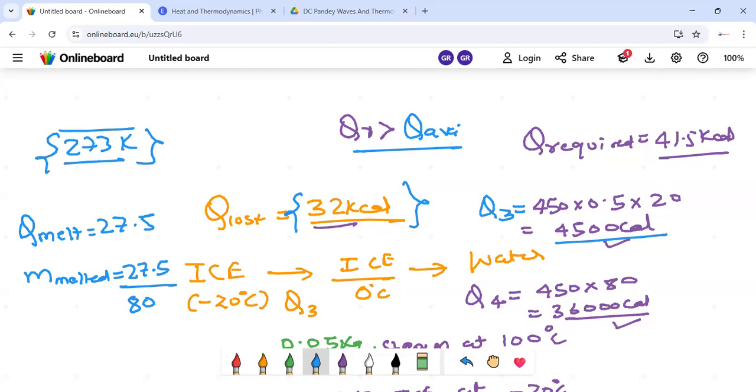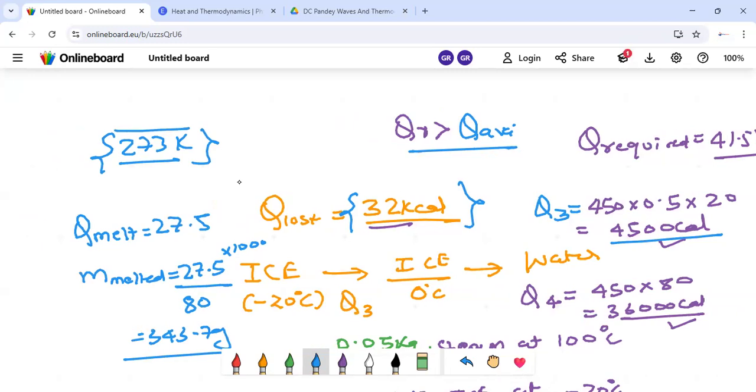So that's what I'm telling. You can just multiply by 1000. So you will get 343.7 gram as the mass of ice melted into water. It was not asked, but I can say that this could be the question in your JEE exam. So are we clear with that part also?